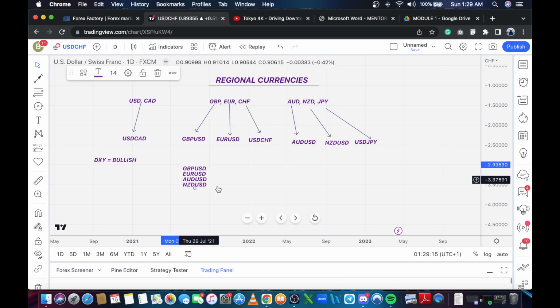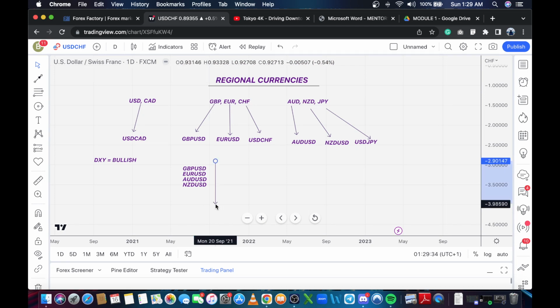We want to see them be bearish. Why? Because dollar is bullish. If dollar is a code pair and this is very bullish, then the value of the base currency will decline against the value of the code currency, and that's where you get bearishness on all of them. This is the natural delivery.